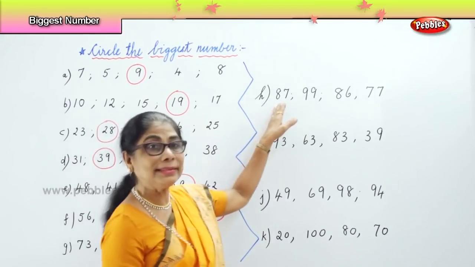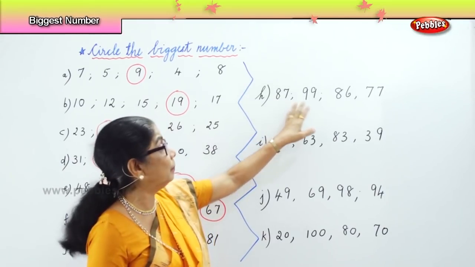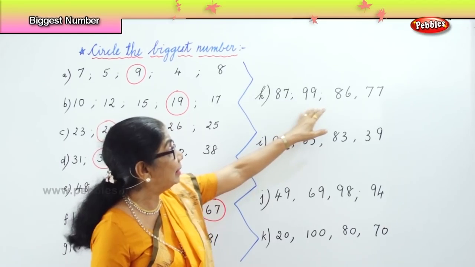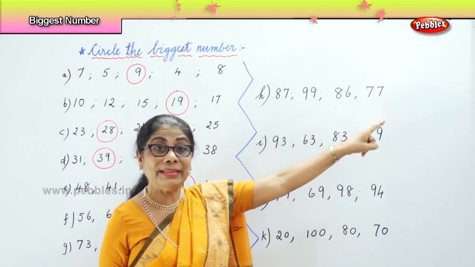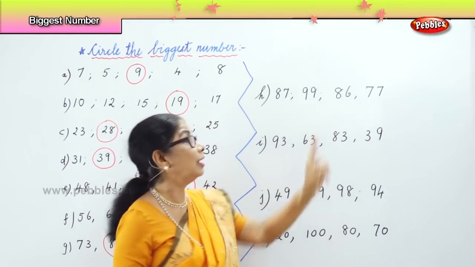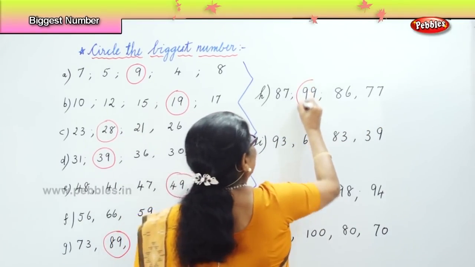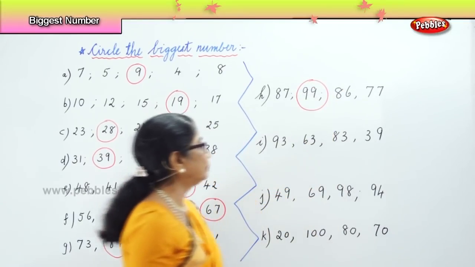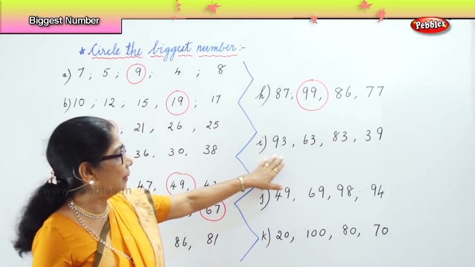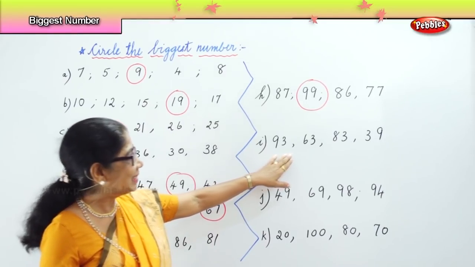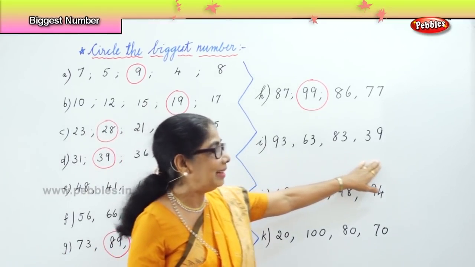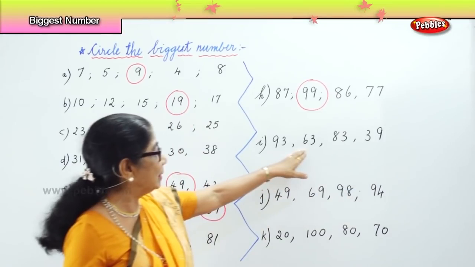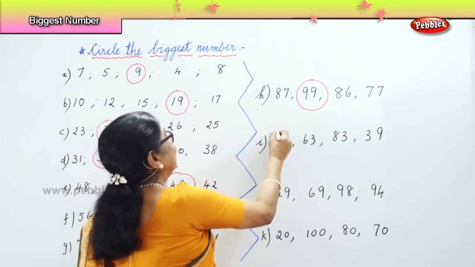Next, we have 87, 99, 86, 77. Which is the biggest one? Good, 99. Next lot of numbers: 93, 63, 83, 39. Which is the biggest number? 93.